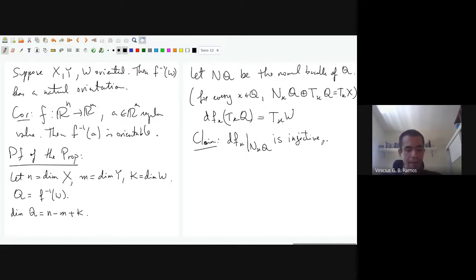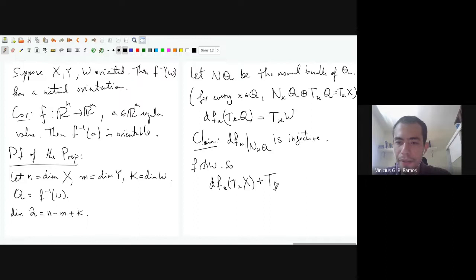So can you see why? Well, that's because we're assuming that f is transverse to W. So that means that df_x of T_xX plus the tangent space to W at the point f(x) spans; this is the transversality condition.